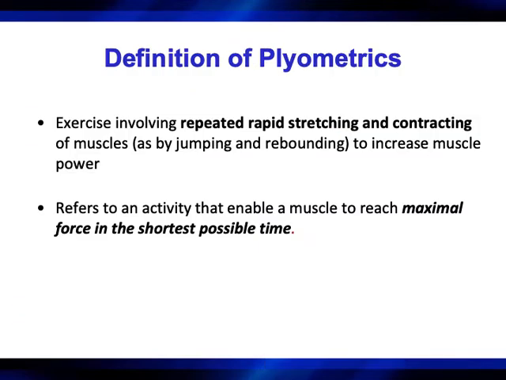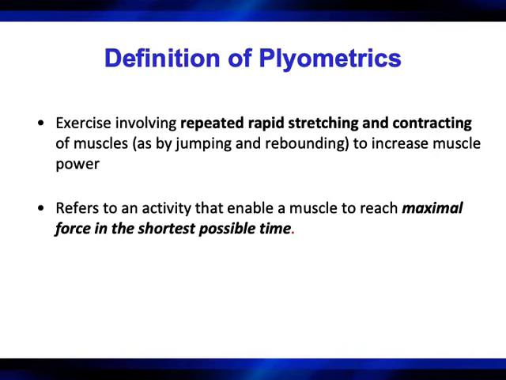Let's begin by defining plyometrics. These are exercises involving repeated rapid stretching and contracting. So we have a stretch of the muscle followed by a shortening of the muscle, as by jumping and rebounding to increase muscle power. This refers to any activity that enables a muscle to reach maximal force in the shortest possible time.